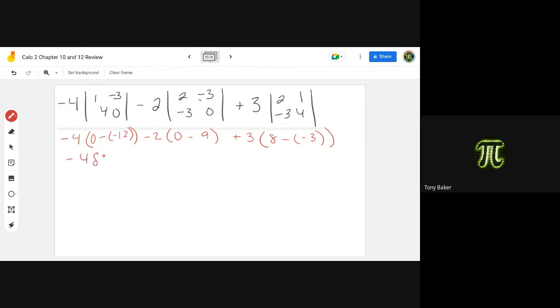So we got -48, positive 18, and positive 33. So -30 plus 33 is 3. Doesn't equal 0, so they are not coplanar.